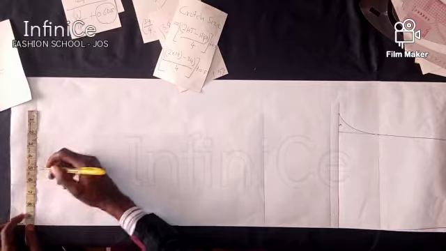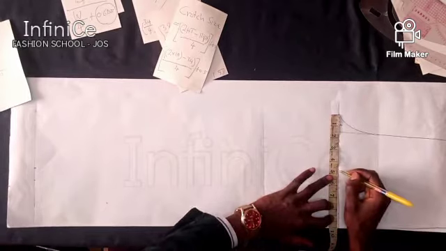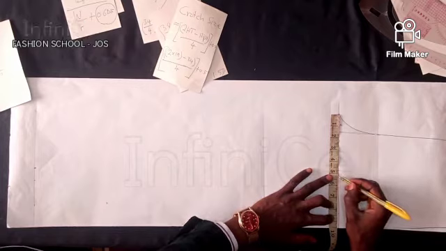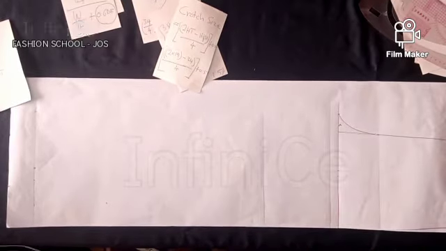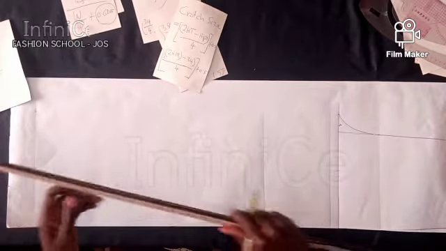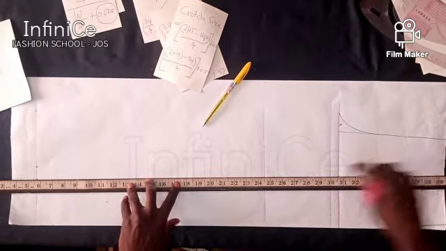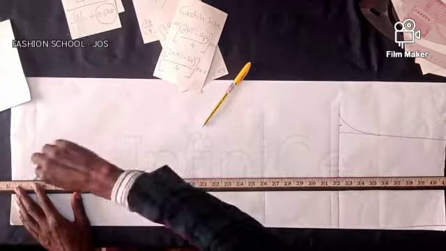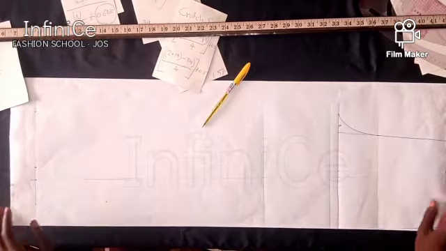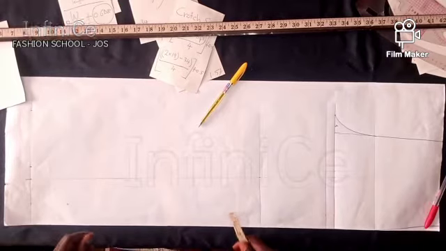So we'll mark this here. Then on this side, come back, look for the middle. Then we shift towards the same side, but now by 1/2 inch. Then we connect these points. Are you following? So this becomes a new reference line.